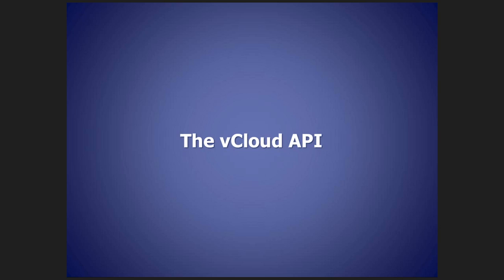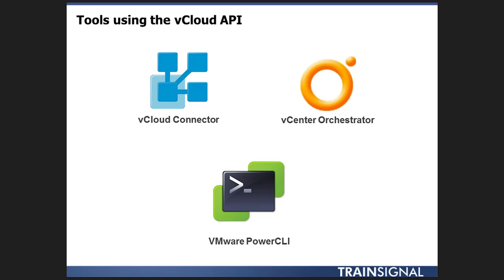The next feature, and one of our most useful features, is the vCloud API. I mentioned earlier that the vCloud API enables third-party services and tools. Three of those tools are freely available from VMware, with a minor exception maybe, and are listed here. The first one is vCloud Connector.